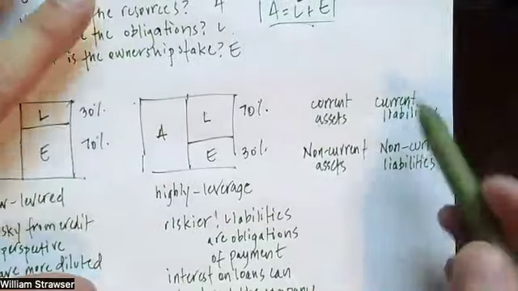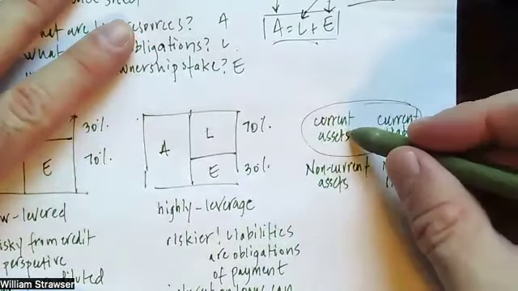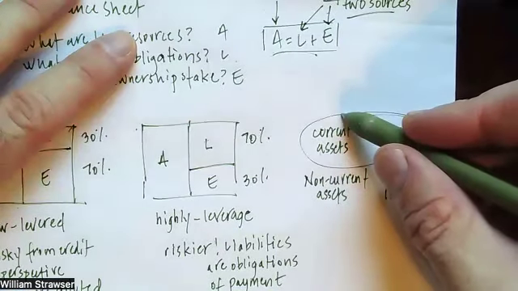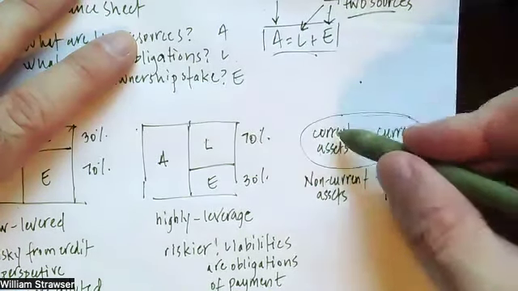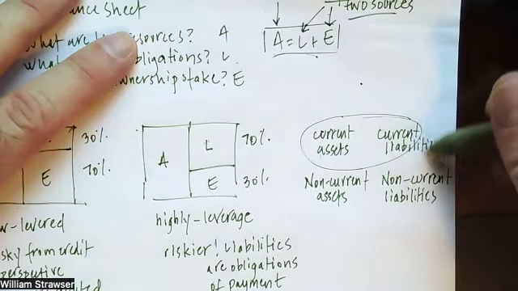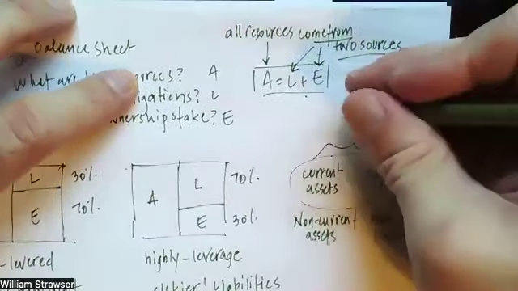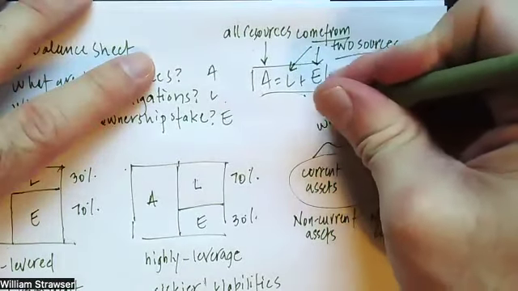They do this because these are either assets that are going to pay us their economic benefits within a year or be used, or obligations that we're going to have to pay off in a year. Both of these happen essentially most of the time within a year.